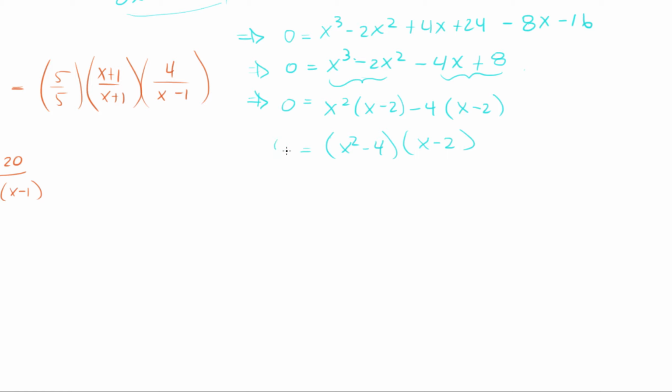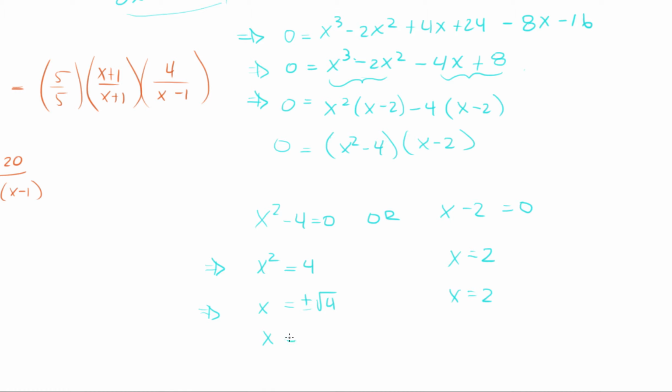Okay? That means that x squared minus 4 equals 0, or x minus 2 equals 0. Well, that implies that x squared equals 4, or x equals 2. That implies that x equals plus or minus radical 4, and x equals 2.